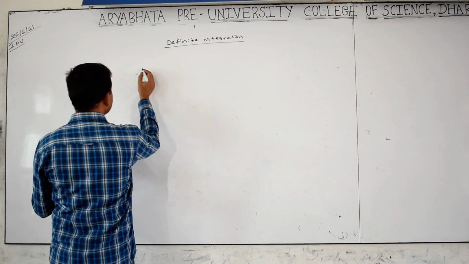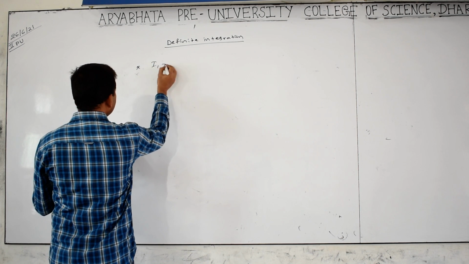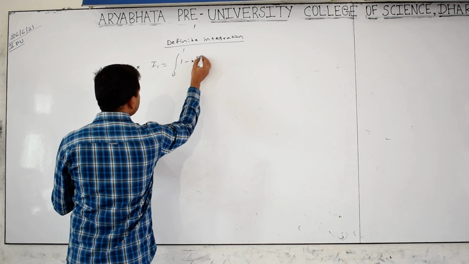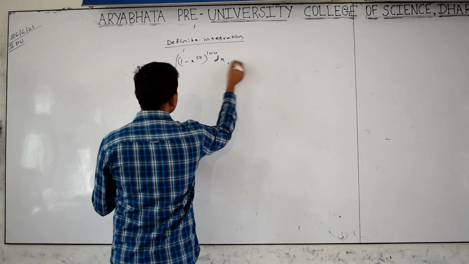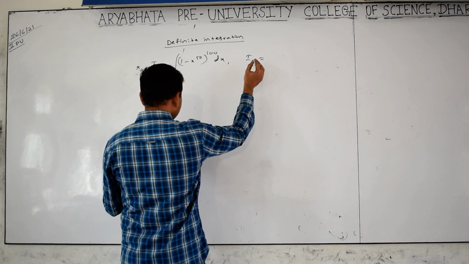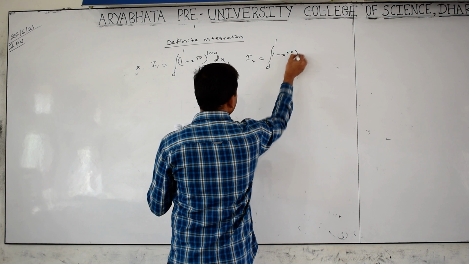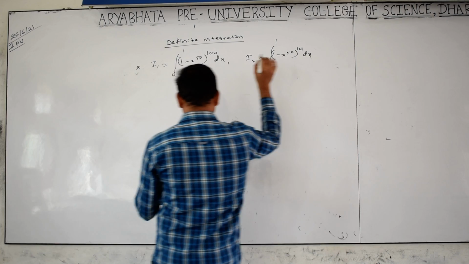Next one. I1 equals the integration from 0 to 1 of (1 minus x power 50) whole power 100 dx. I2 equals the integration from 0 to 1 of (1 minus x power 50) whole power 101 dx.